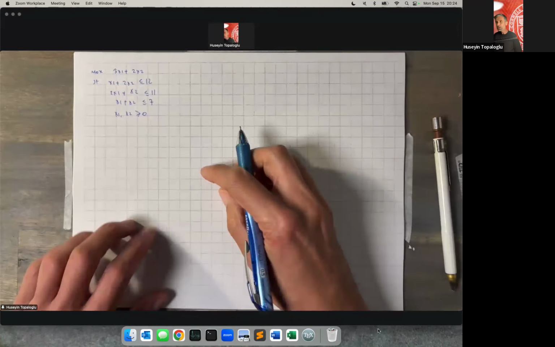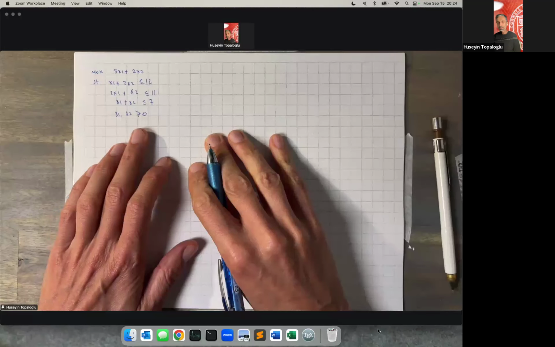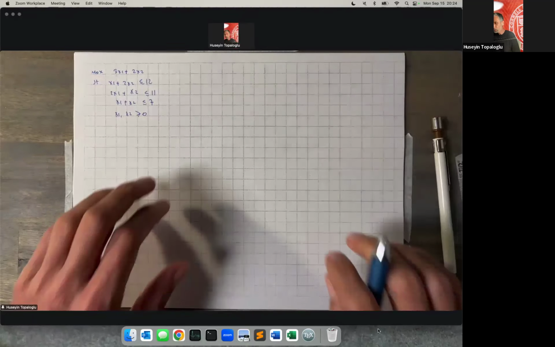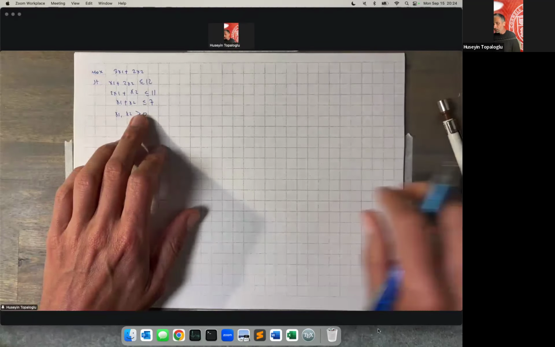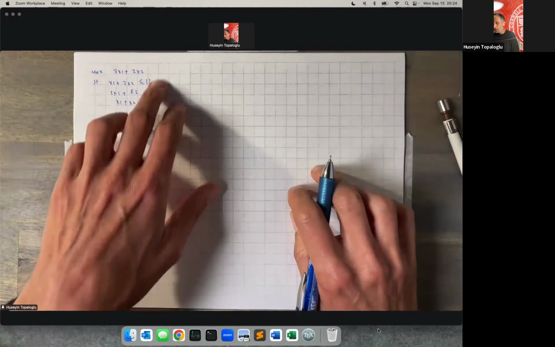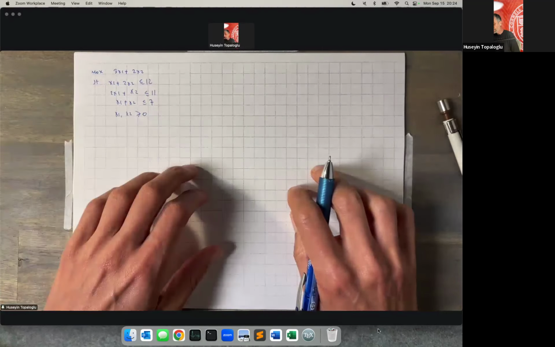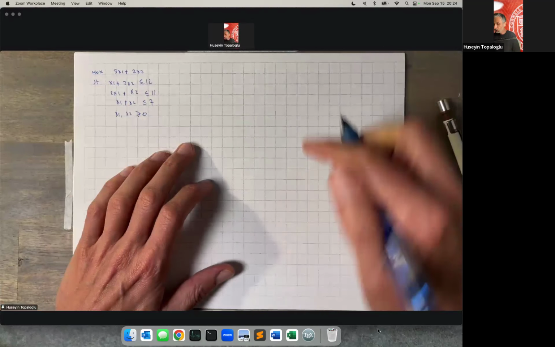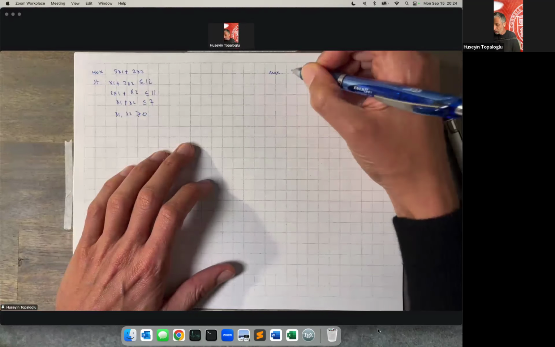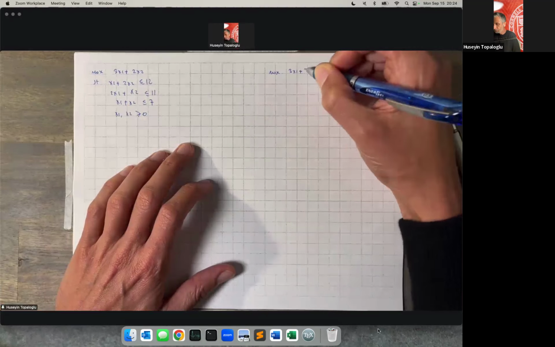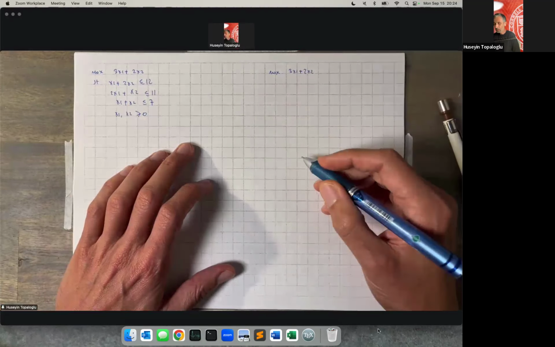Okay. So if you wanted to solve this linear program through the simplex method, what did we do? We first turned all of our inequality constraints into equality constraints by using slack variables. Let's do that. Keep the objective function the same.